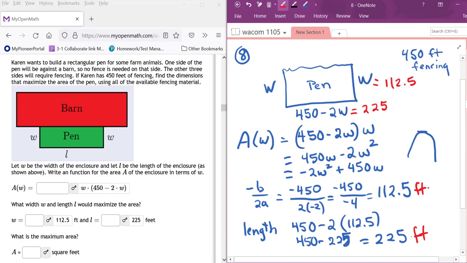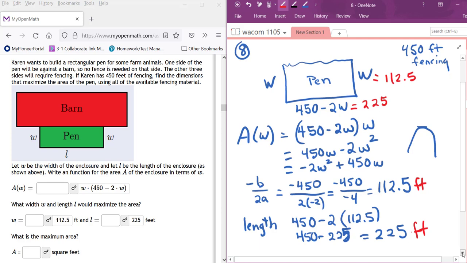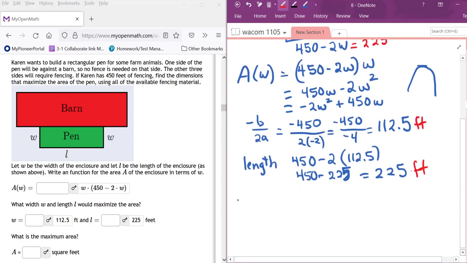There's two ways you could find the maximum area. The fastest way, in my opinion, is to use the formula for area, which is width times length, and just use these numbers. And our length, we said, is 225.